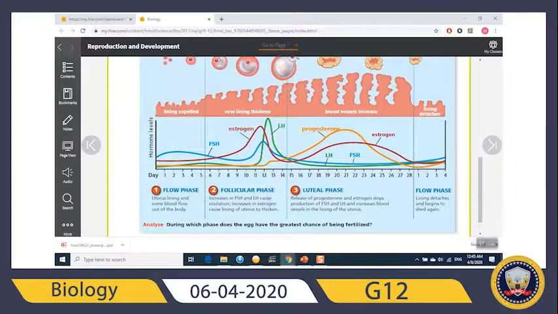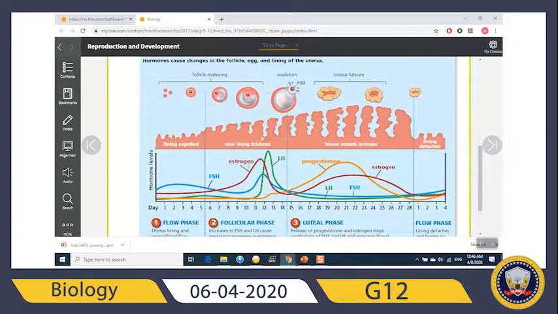The increase in FSH and LH causes ovulation, and the increase of estrogen causes the lining of the uterus to thicken. So the estrogen makes the lining thicken. This is the lining after it was expelled. Now the lining is thickened because of estrogen levels, and the LH and FSH cause follicle maturation. Okay?